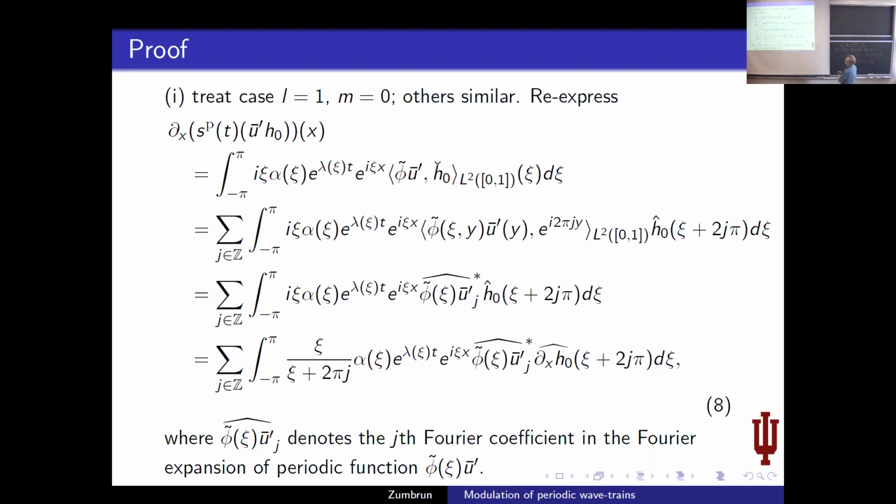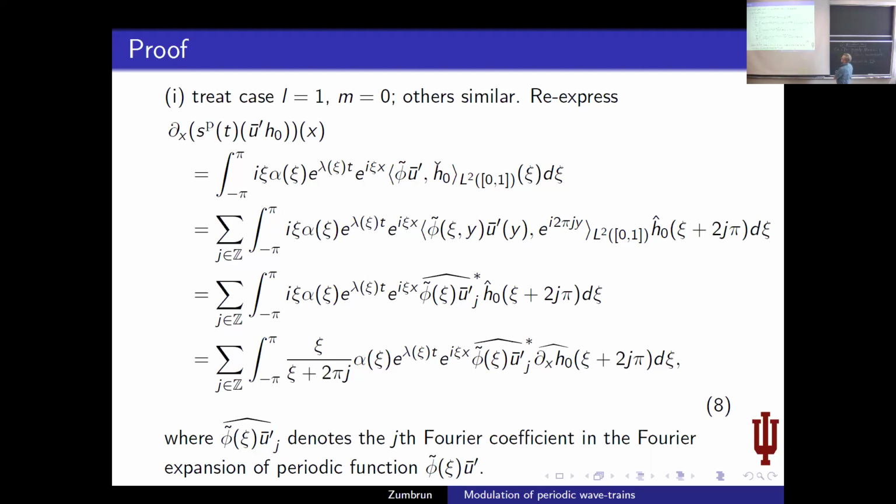Okay, and this is H naught check, which is the Bloch transform of H naught. And so we have to remember what the formula was for that. It's gotten from the Fourier transform of H naught by summing over all integers j, the Fourier transform of H naught applied to xi plus 2j pi and multiplied by e to the i 2 pi j y.